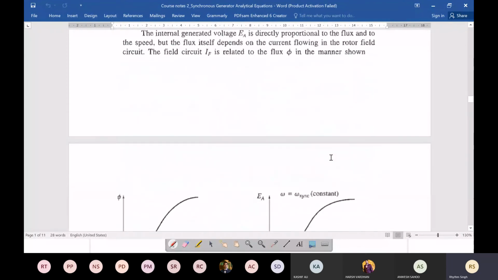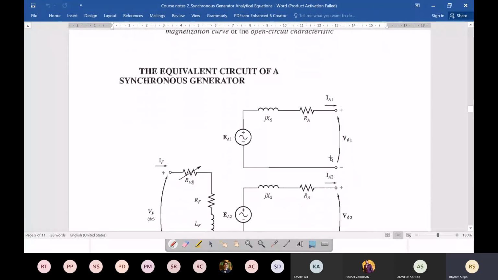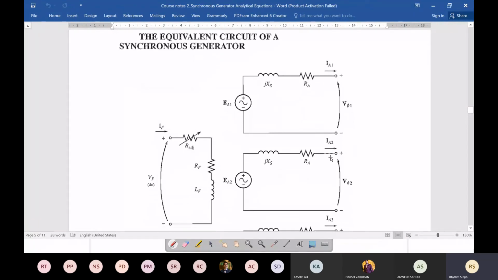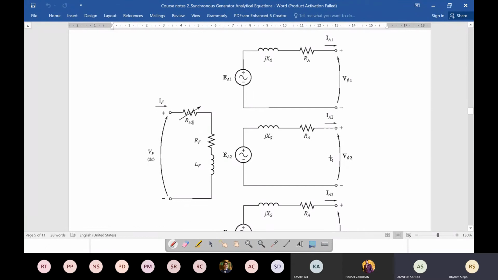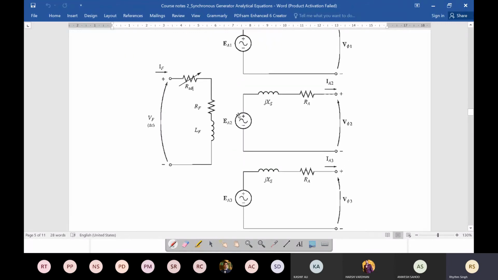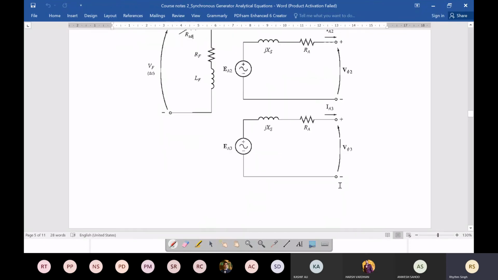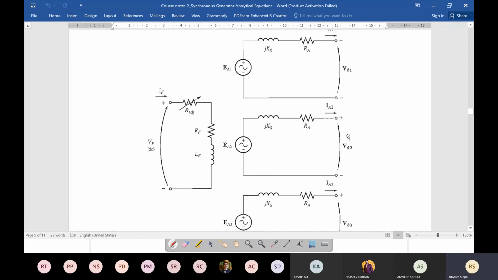So your equivalent circuit was this one, right? Yes, sir. So you have this on the DC side. This is on the AC side. The three-phase voltage is there in each phase, EA1, EA2, EA3, and in each phase there is some drop in voltage due to jXS and RA, and finally you are drawing out the armature current, IA1, IA2 and IA3, and VT1, VT2, VT3 is the phase voltage of each phase.